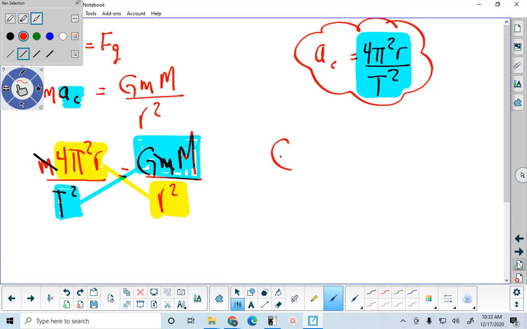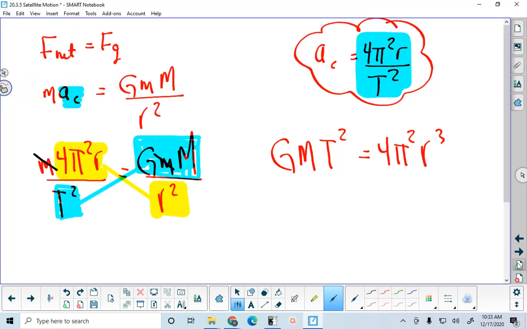So I get G times the mass of Earth times the period squared equals 4 pi squared r cubed. Nobody's going to memorize that.